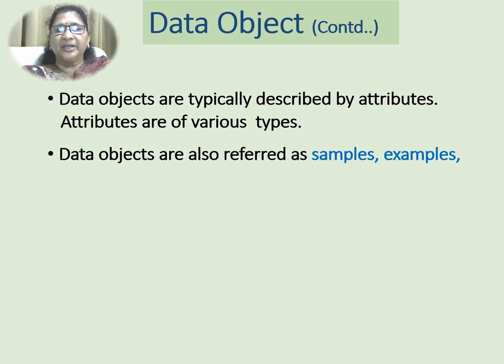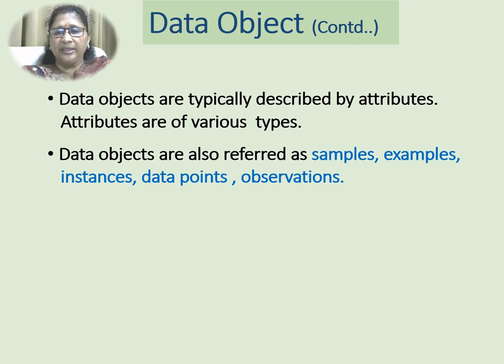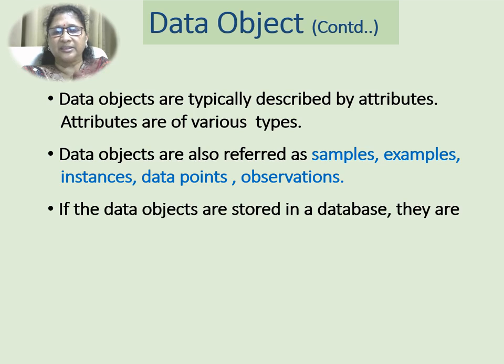Data objects are typically described with attributes, and attributes are of various types. Data objects are referred to as variable names, samples, examples, instances, data points, observations. This is the typical terminology used in statistics.